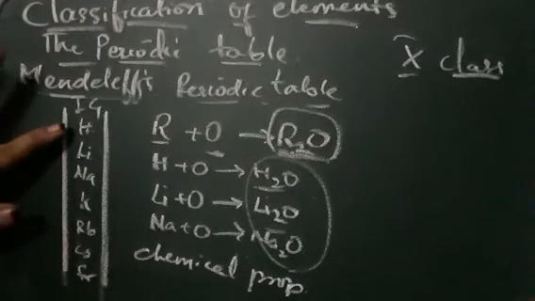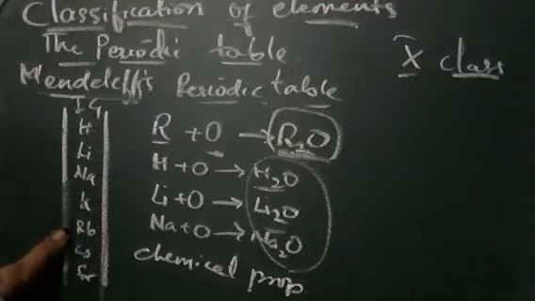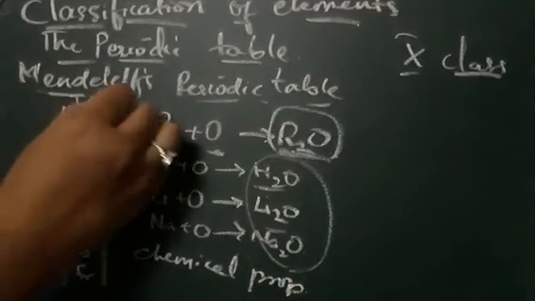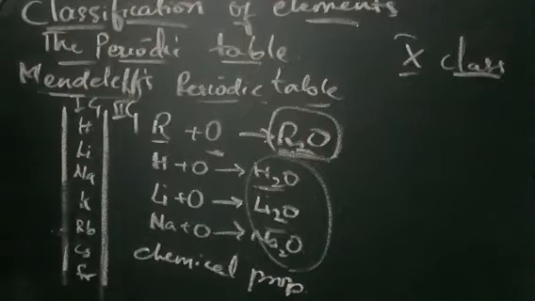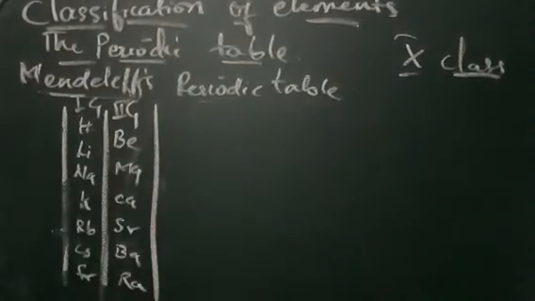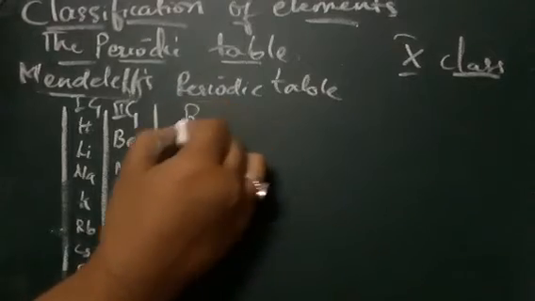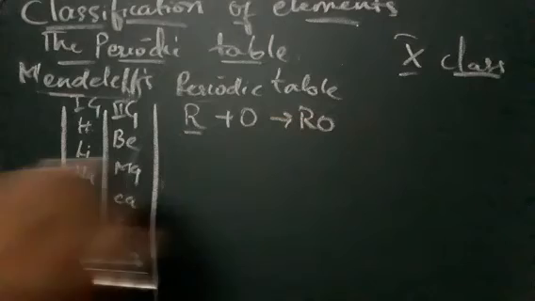Is it clear? So if an element in this group reacts with oxygen, it will give R2O. Similarly, the elements present in the second group, if they react with oxygen, will give RO.